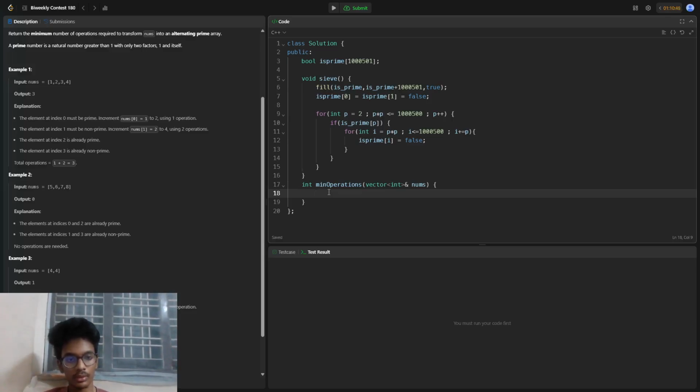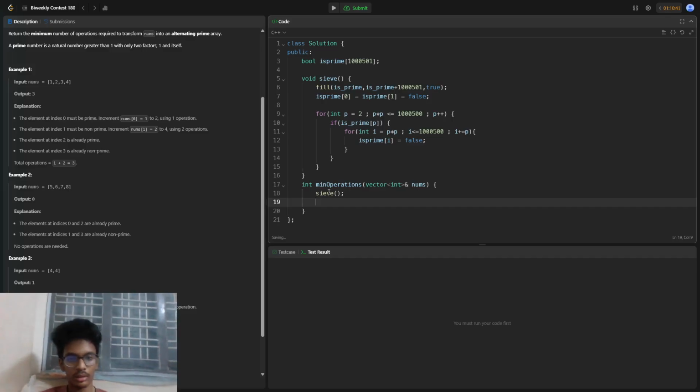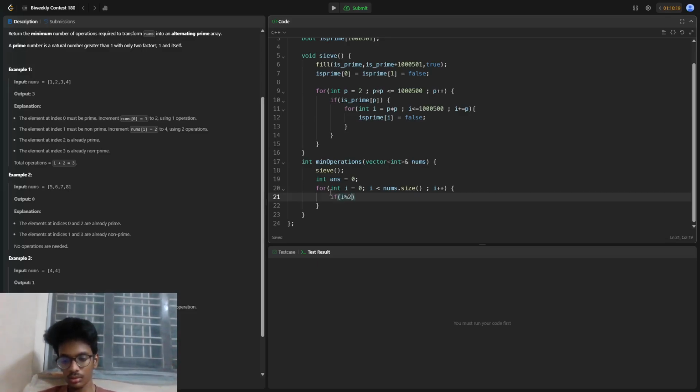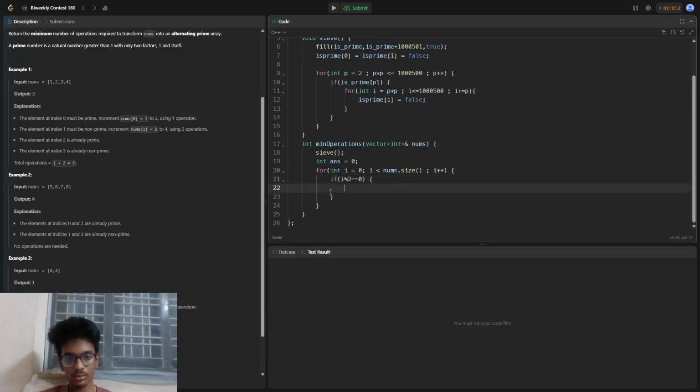So let's first call the pre-compute, and the number of operations is initially 0. I less than nums size.